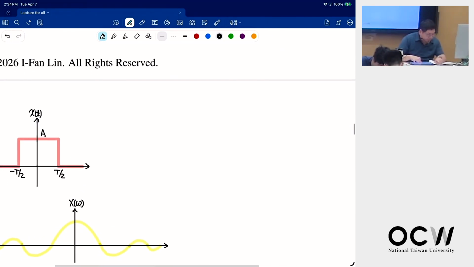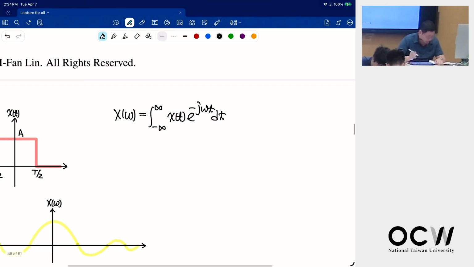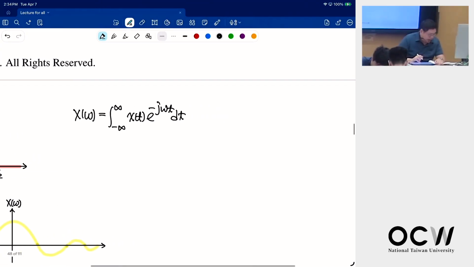Your Fourier transform is x times the basis, and we only have values from minus T over 2 to T over 2, and the magnitude is A times the basis.